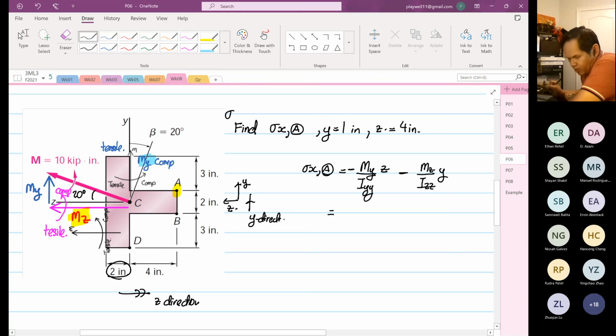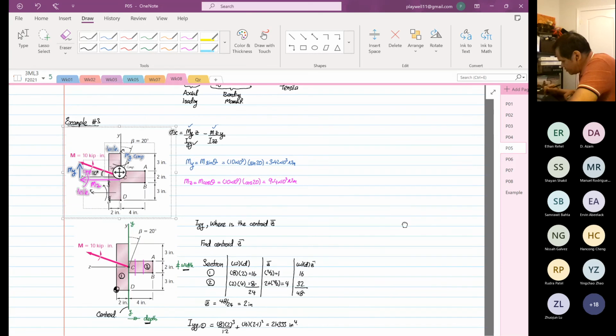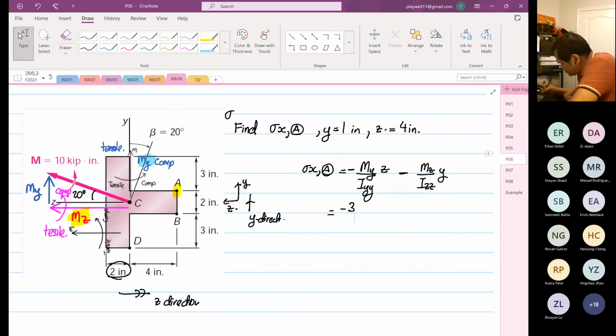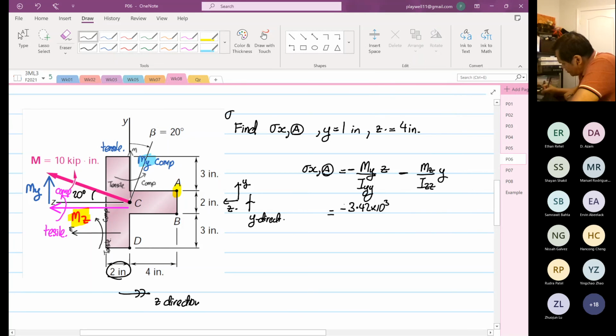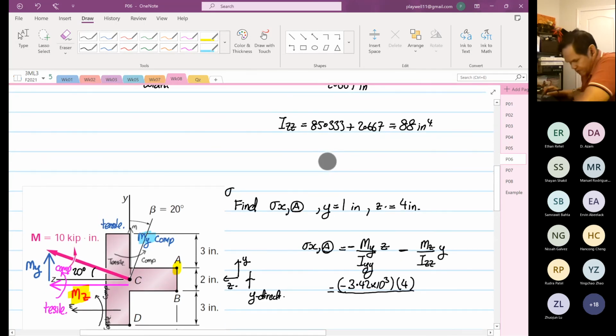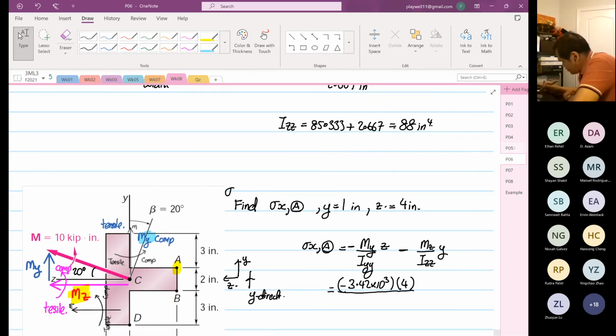So moment about Y is, minus 3, I think we got what? I cannot remember. Sorry, 3.42 times 10 to the power 3, multiplied by Z, which is equal to 4, divided by Iyy, we found out to be equal to 60, sorry, I can't remember.